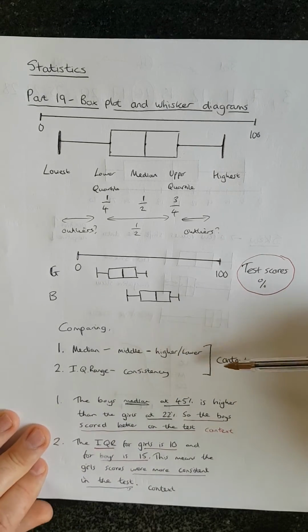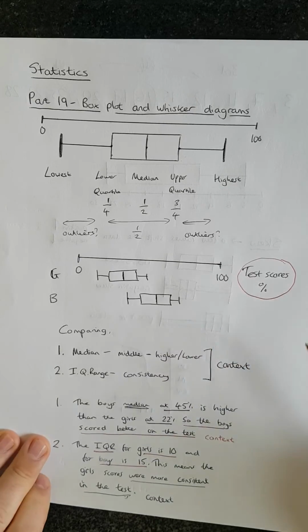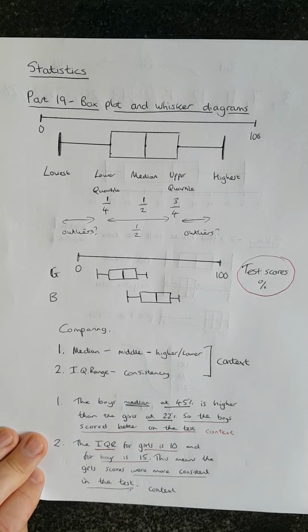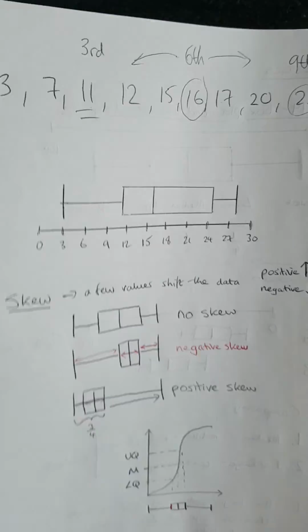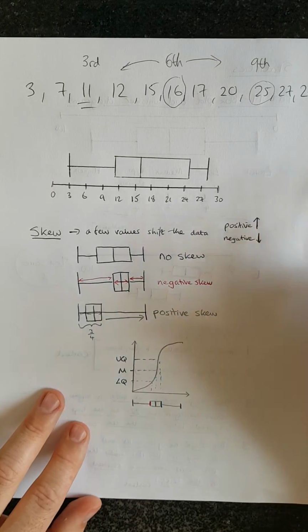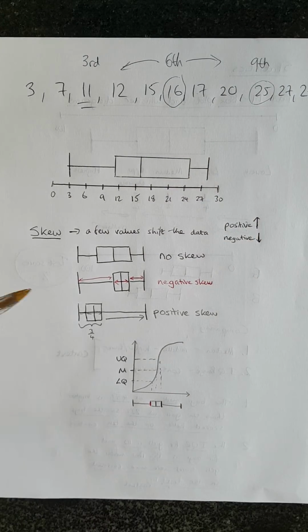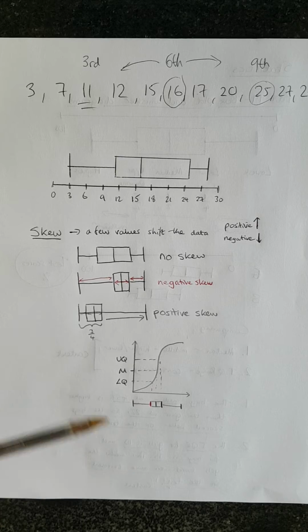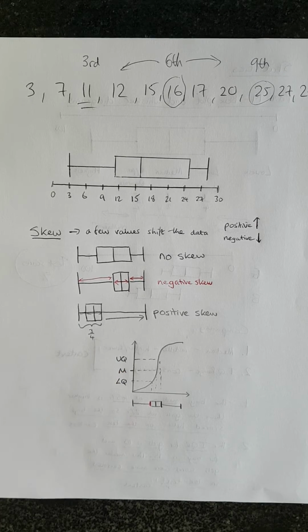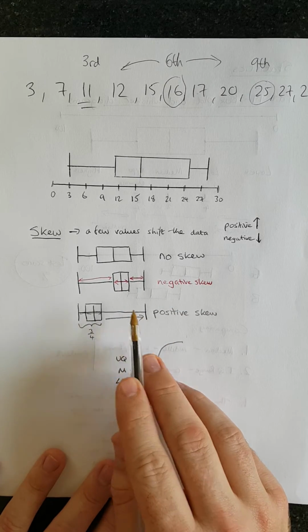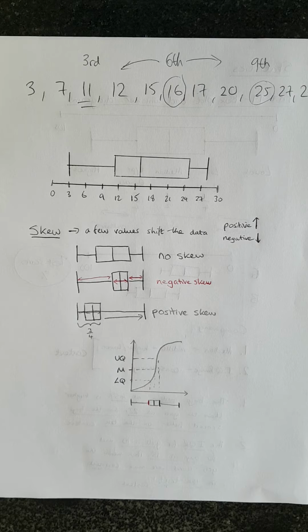When you do that, remember to do it in context, so describe the actual situation, so that you can earn both marks. Practice drawing your own, and then look at skew and how cumulative frequency curves link to box plots. Positive skew is where data pulls it up. Negative skew is where data pulls it down.